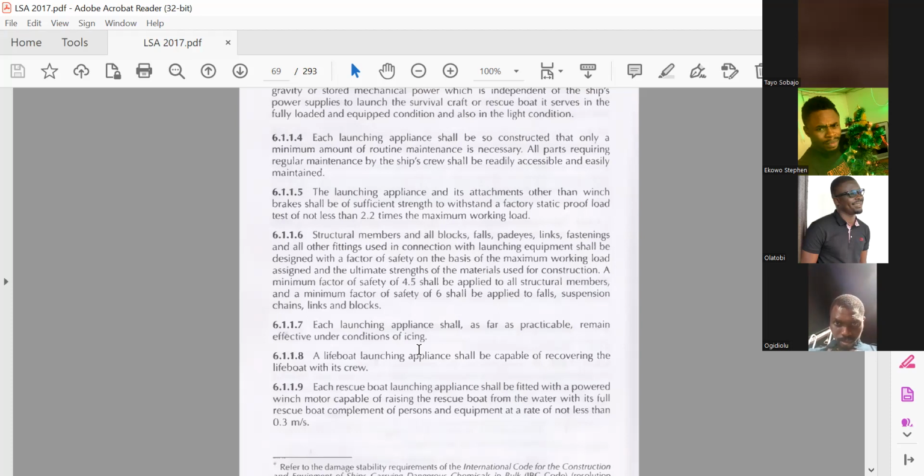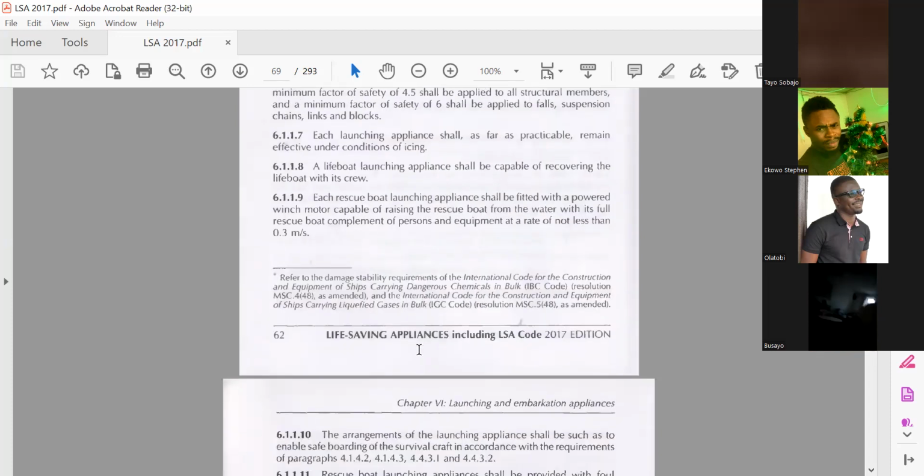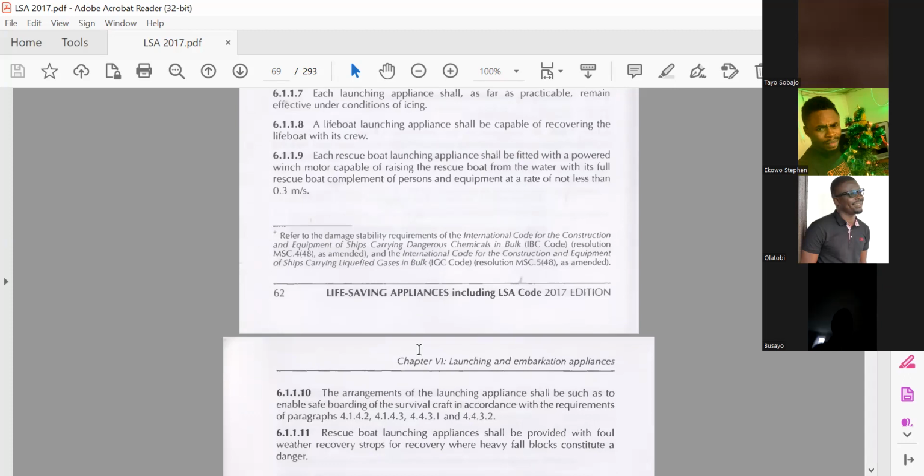The fact that you are navigating around a cold area does not exonerate you from your appliances working effectively. So cold is not supposed to catch your brake. It means your brake must be working. Everything must be working, even with the cold or the icing. So basically, that's what that means.